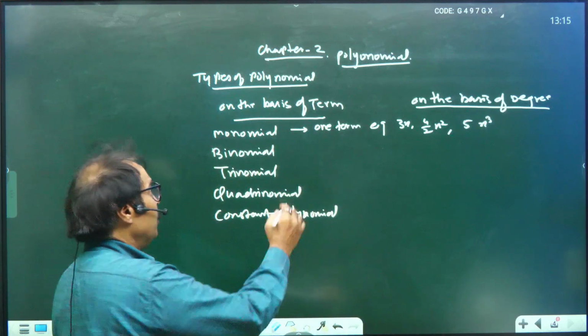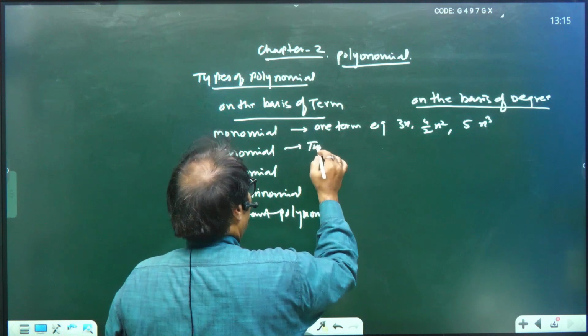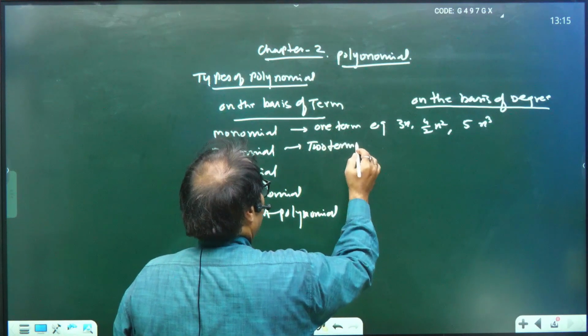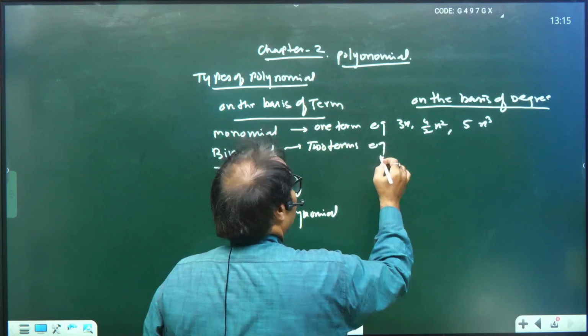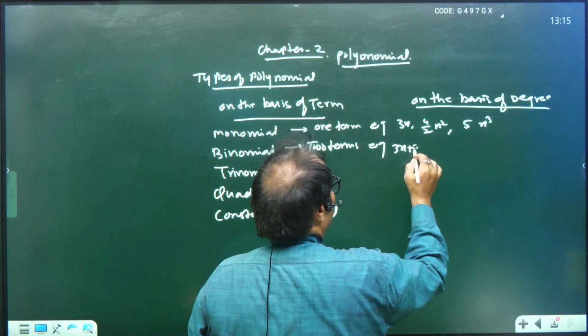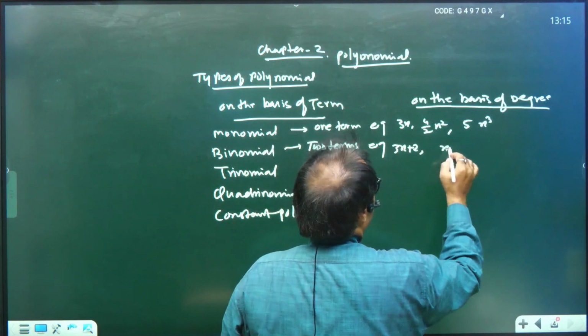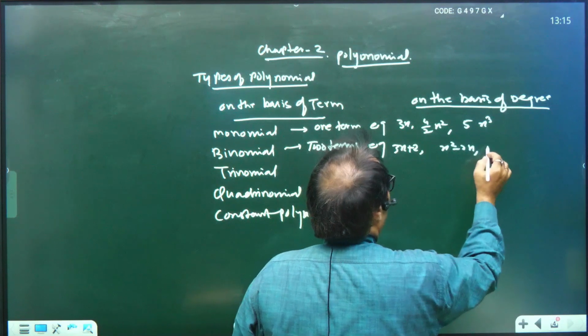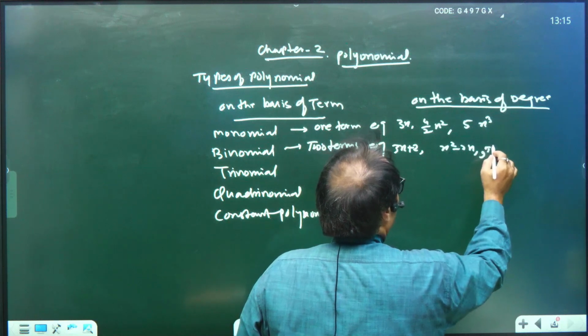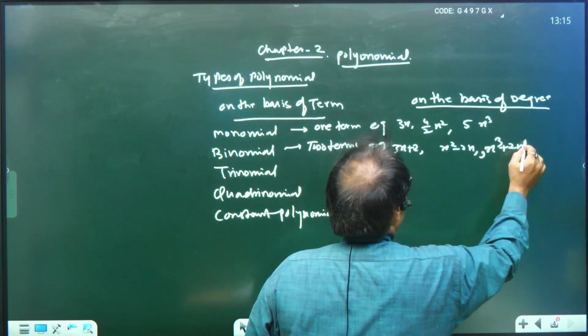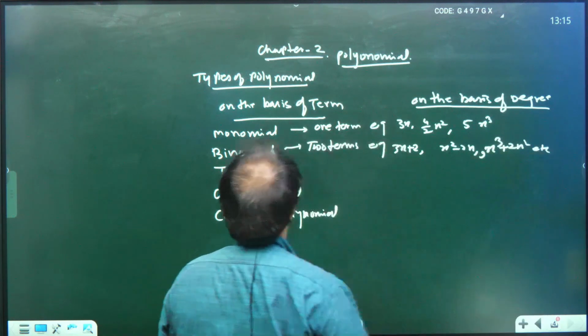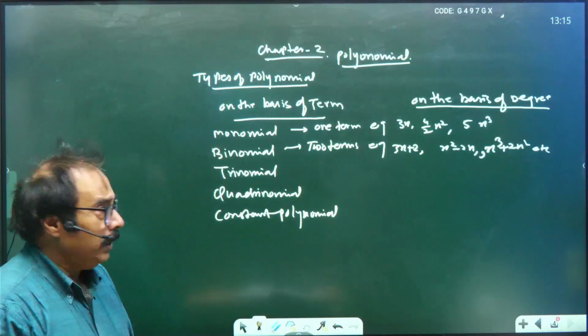Binomial means there should be two terms. For example, 3x plus 2, or x square minus 2x, or x cube plus 2x square, etc. So these are examples of binomial.